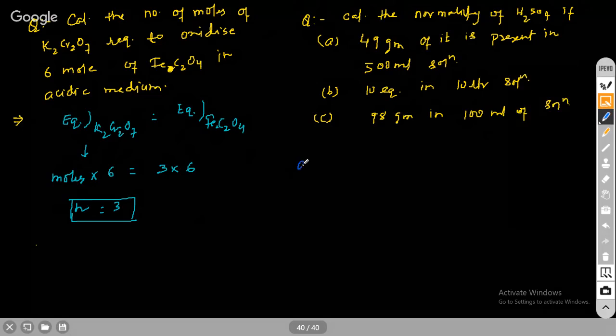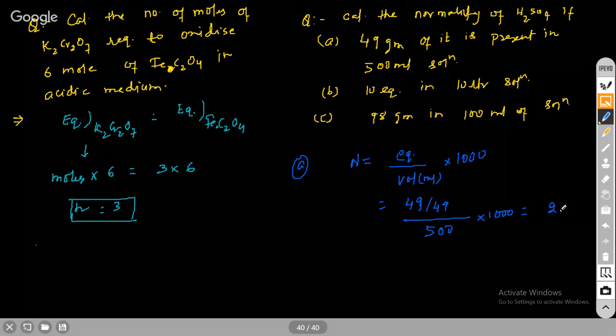The first one: normality is the number of equivalents divided by the volume of solution. If the volume is given in ml, then 1000 will be there in the numerator. Now, number of equivalents is what? Mass divided by equivalent mass. For H2SO4, it is 49, divided by 500 into 1000.